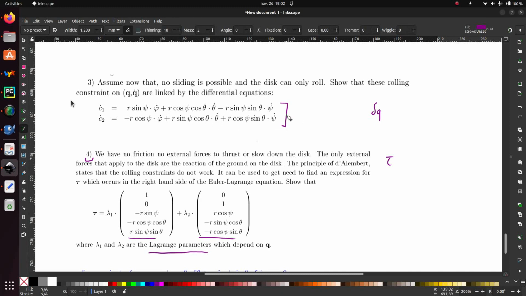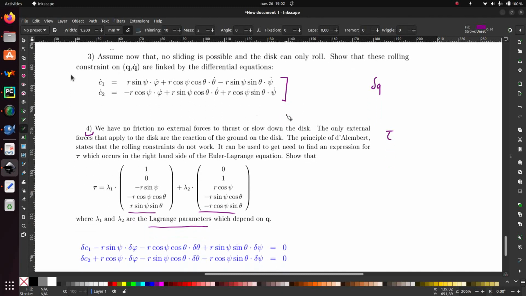So it means that if I take a virtual displacement delta Q, so the corresponding delta C1, delta phi, and so on, I should satisfy this equation, which is exactly the same as this one, except that I have replaced the time derivative by a displacement. Okay. Now I can see that this equation is linear with respect to the delta Q.